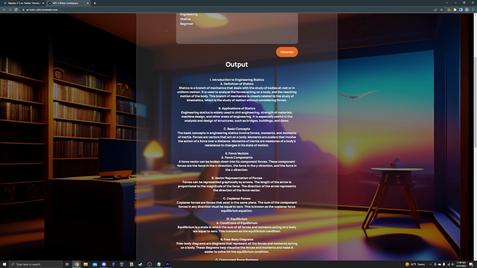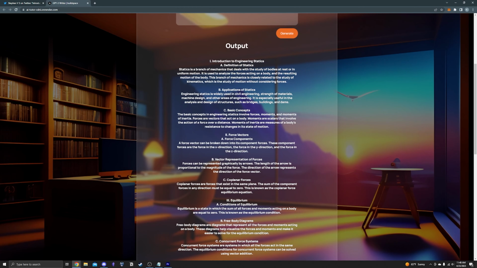Introduction to engineering statics. Statics is a branch of mechanics. Applications of statics: civil engineering, strength of materials, machine design. Forces, moments, and inertia. Forces are vectors, moments are scalars. Moments are scalars that involve the action of force over distance.